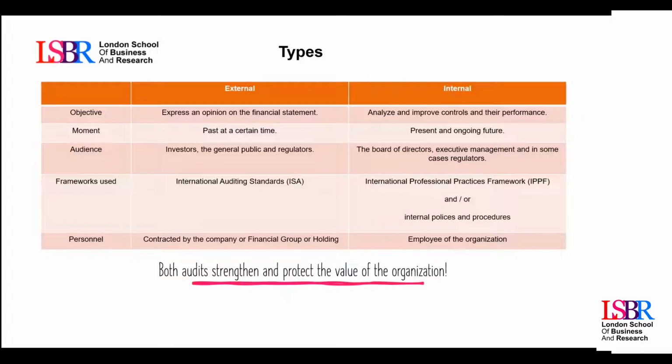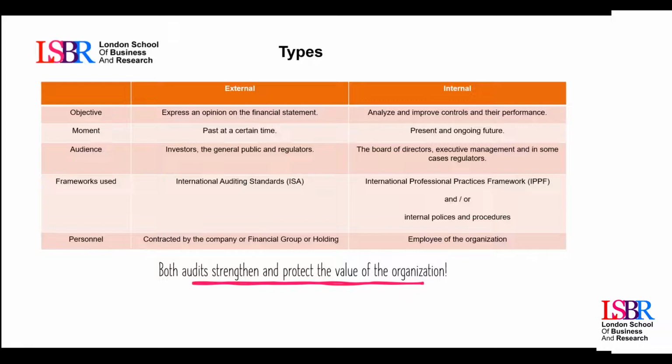Another difference is the time period, because normally an external audit reviews 1 year before. For example, if we start the audit today in 2021, probably we will review the last year. It means 2020.